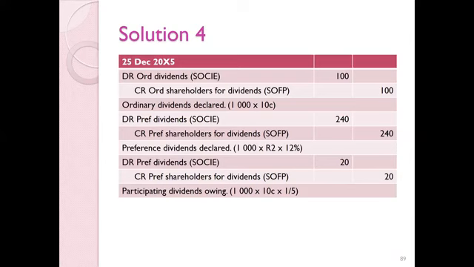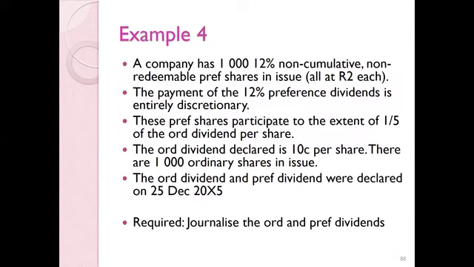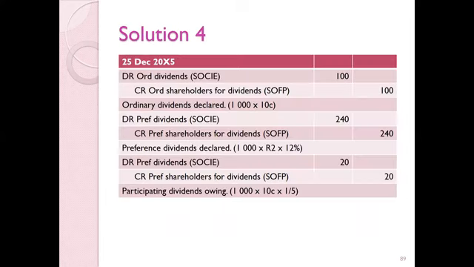Then finally, we need to look at this bonus dividend that our preference shareholders are getting, and that is because, as per the third bullet point, they participate to the extent of 1/5 of the ordinary dividend per share. So we would use our ordinary dividend calculation of 1,000 shares times 10 cents, and how much are they going to get? They're going to get 1/5 of that.